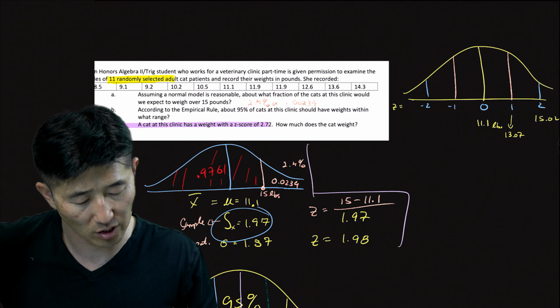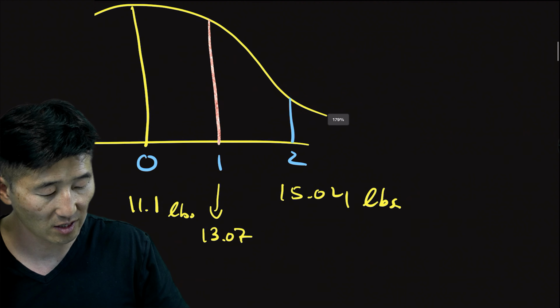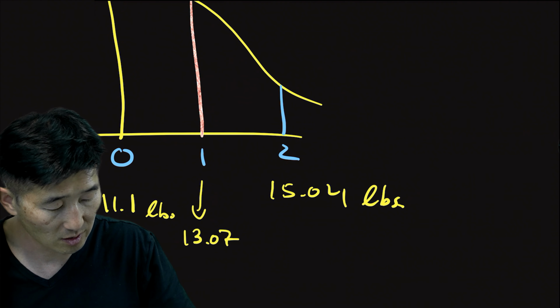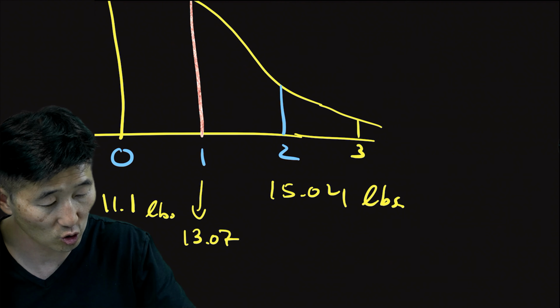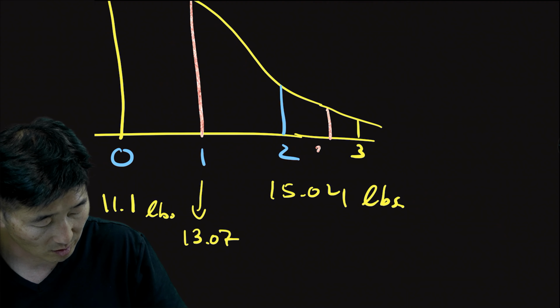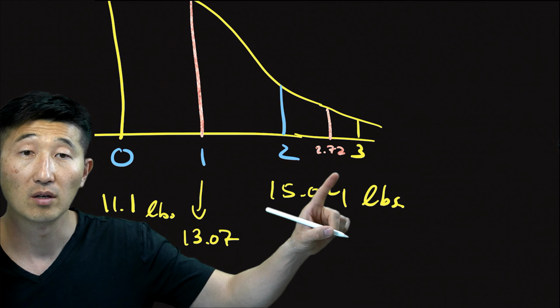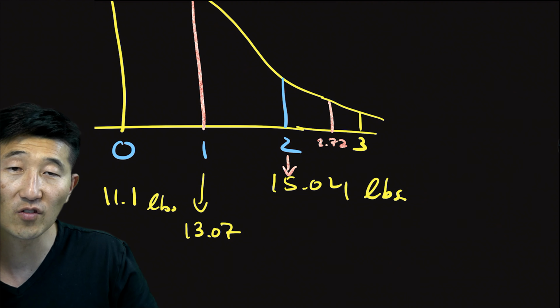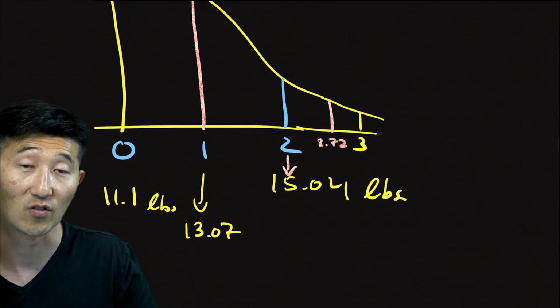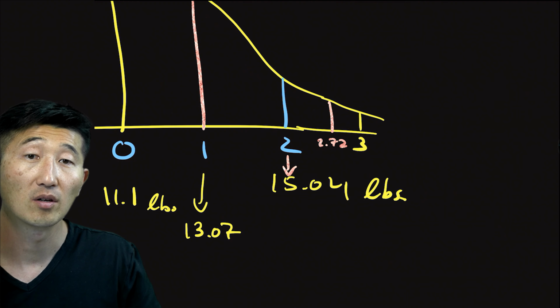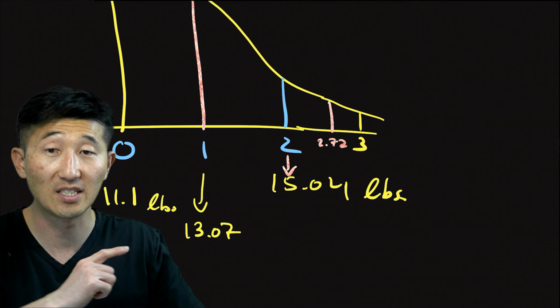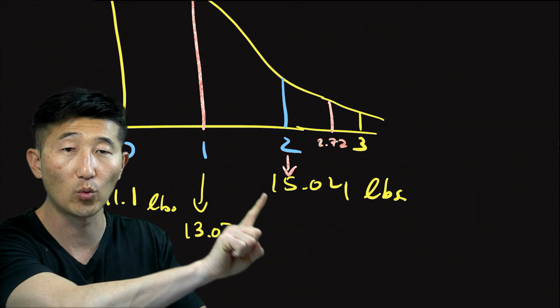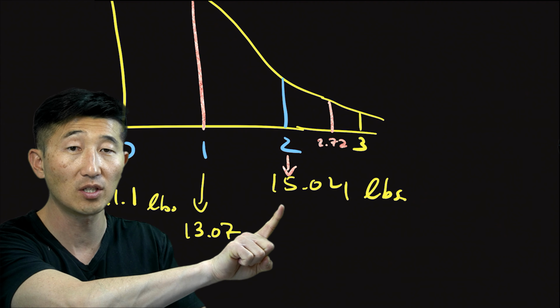His z-score is 2.72, right? So that means, if this is 3, 2.72 will be right about what? Will it be bigger than 15.04 or less than 15.04? Bigger than 15.04? Yeah. So if his z-score is exactly 2, he would weigh 15.04 pounds.